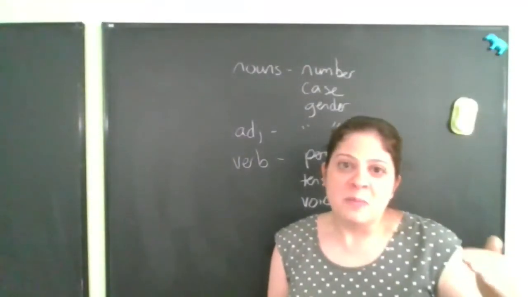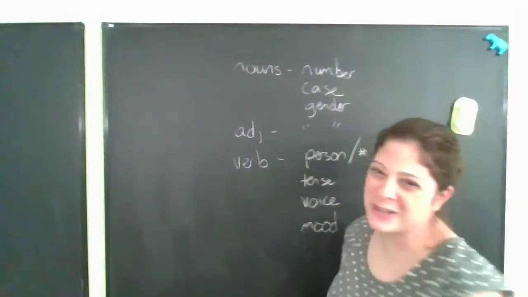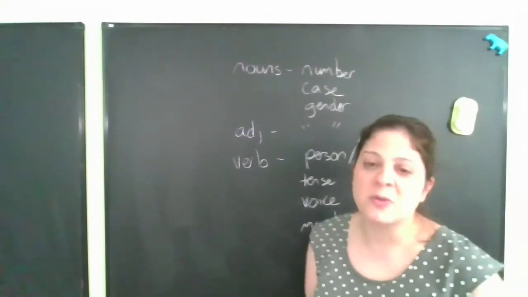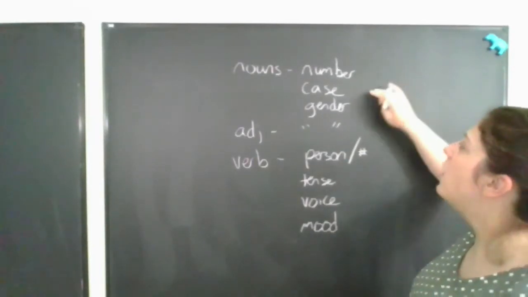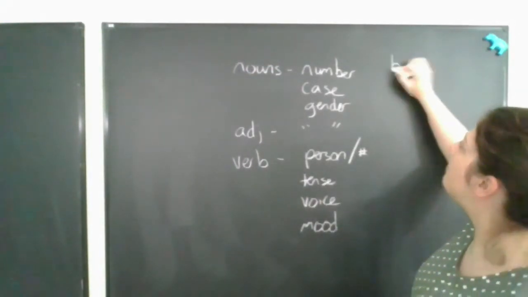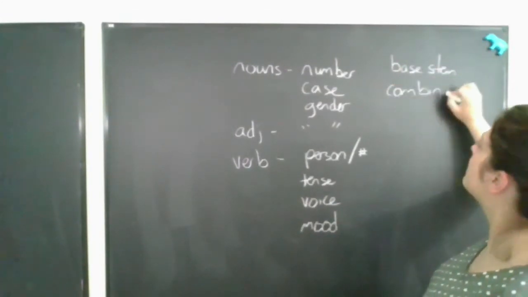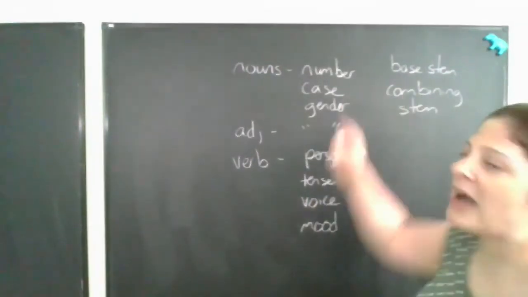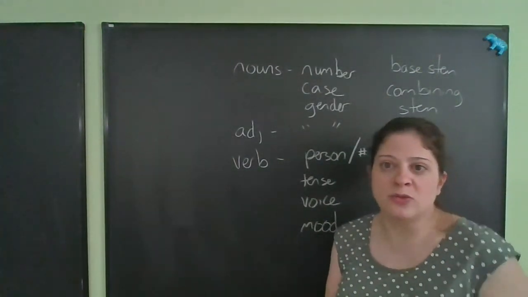Now because you have many possible forms of a noun or adjective, or especially a verb in Greek, Greek uses more than one stem for its vocabulary words. For nouns, for instance, in order to allow nouns to make all the different possibilities here, they have what I'm going to call their base stem and their combining stem. The base stem is the basic form of the noun, and the combining stem is what you add an ending to when you need an ending. And so we might get a root from each of these.